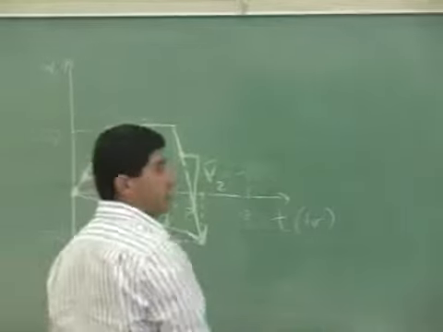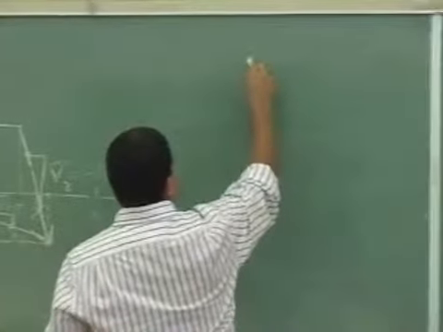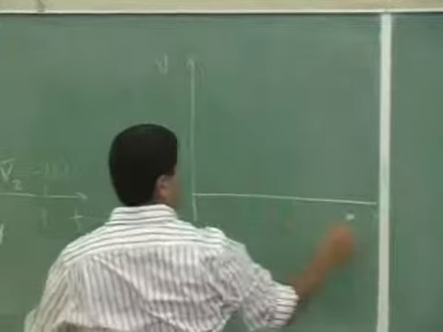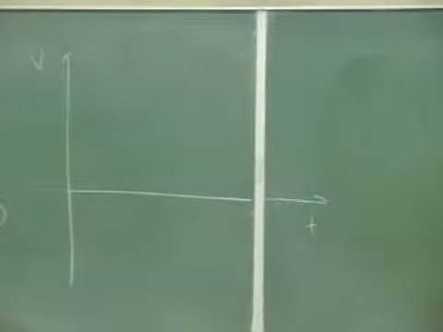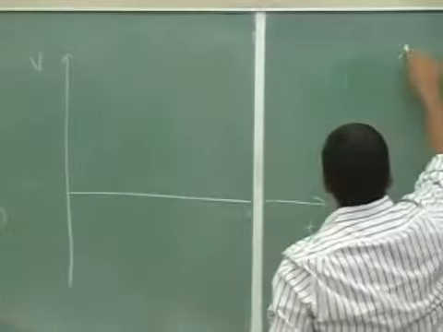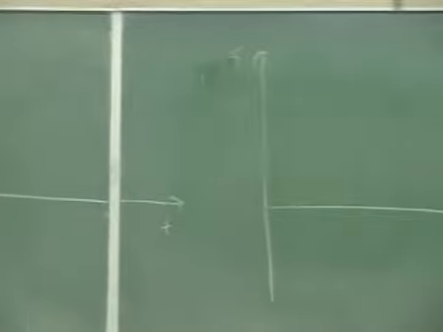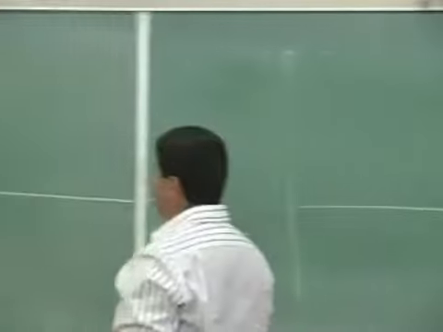Okay, now let's do the V versus T graph and the S versus T graph, and then the A versus T. V versus T is the velocity graph.